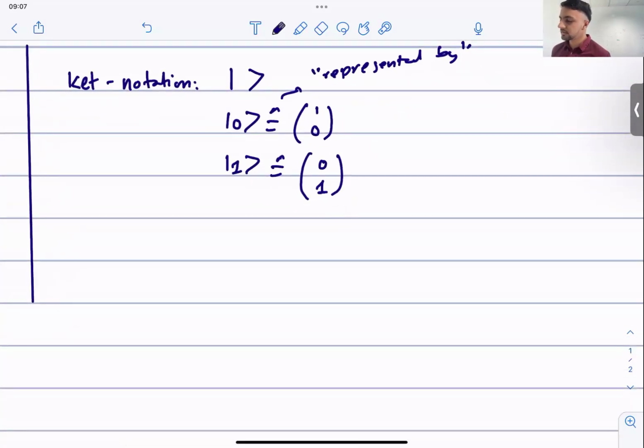So this is basically your ket notation, and then the bra form of that is represented by this, and it's the conjugate transpose of the ket.